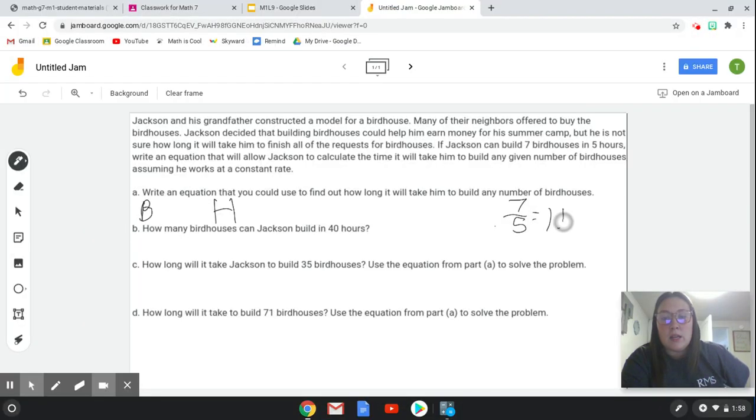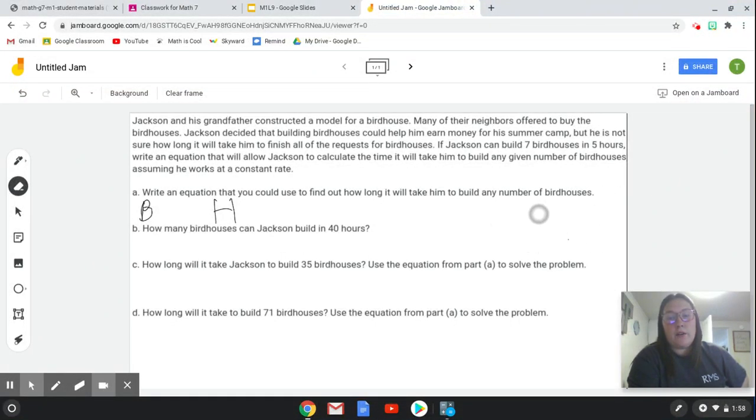So he would build 1.4 birdhouses in 1 hour. But there's a problem with that. Is anyone going to want to buy 0.4 of a birdhouse? I don't think so. So we probably should think about it the other way around. That's just not going to work.